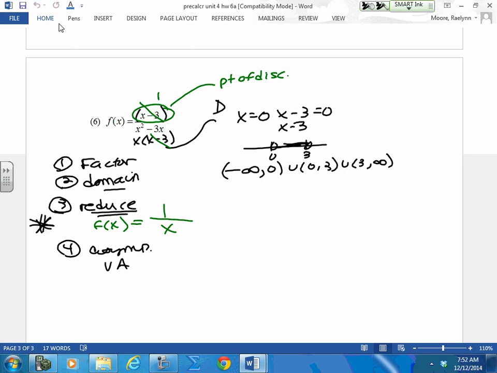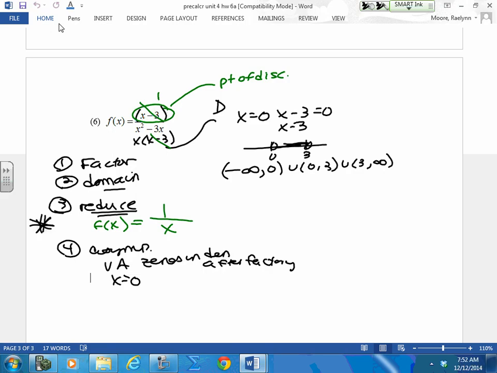So we look at your zeros in your denominator after factoring. So x is equal to 0. That's a vertical asymptote. Was there a question?